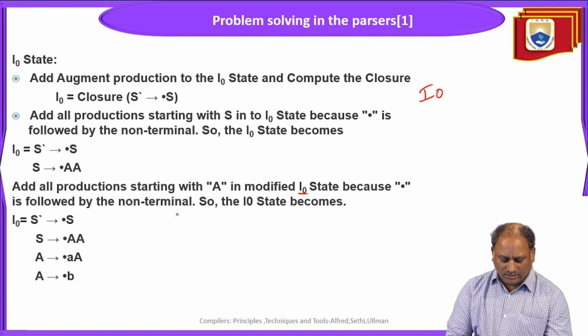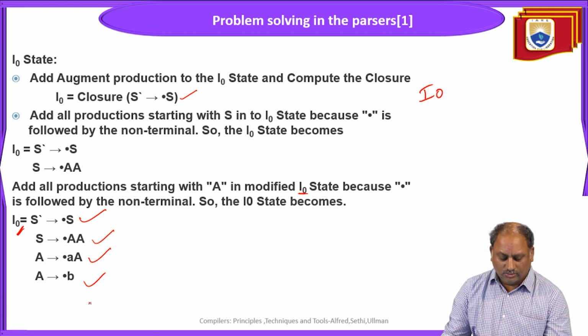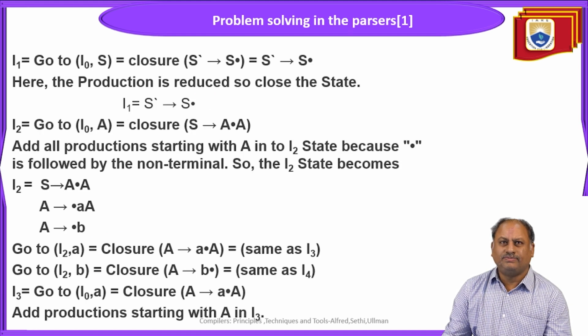So this is I0, the closure of S dash. That is why the augmented production is added, along with the given productions S derives dot A and A derives dot a A. These are the productions which compute the I0 state.